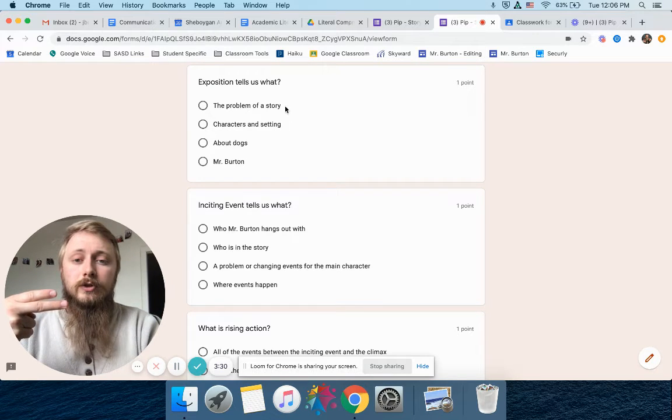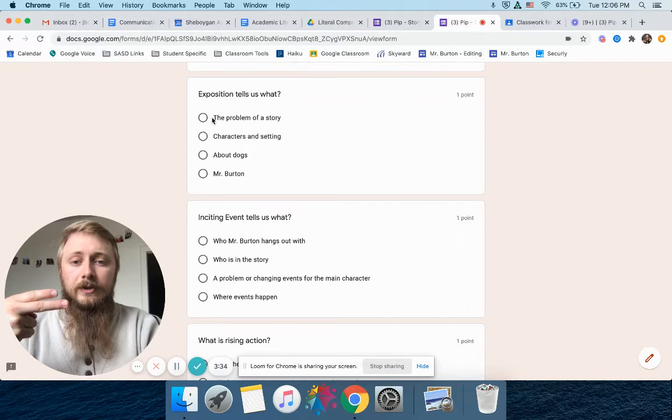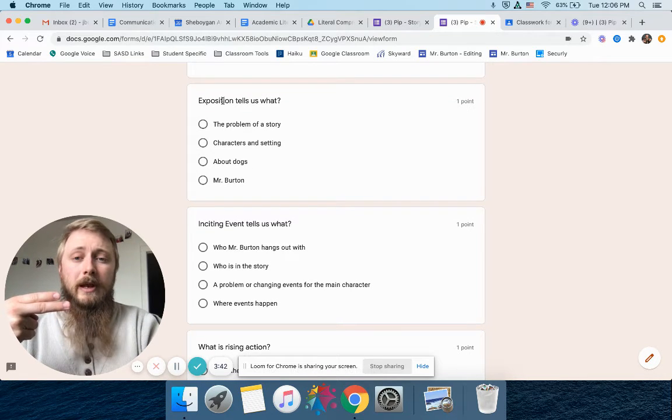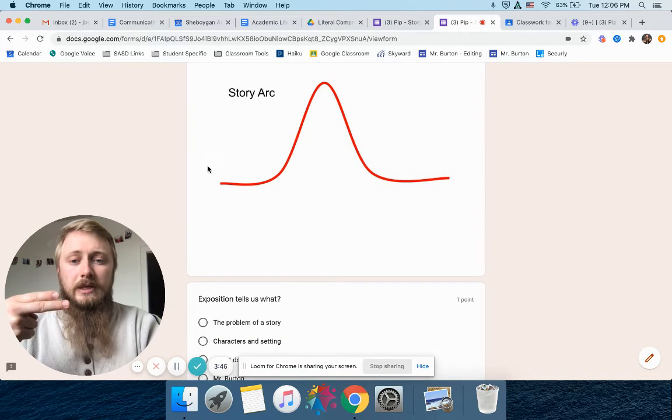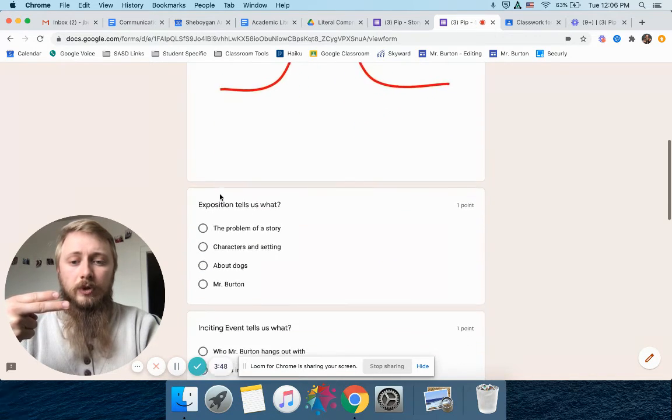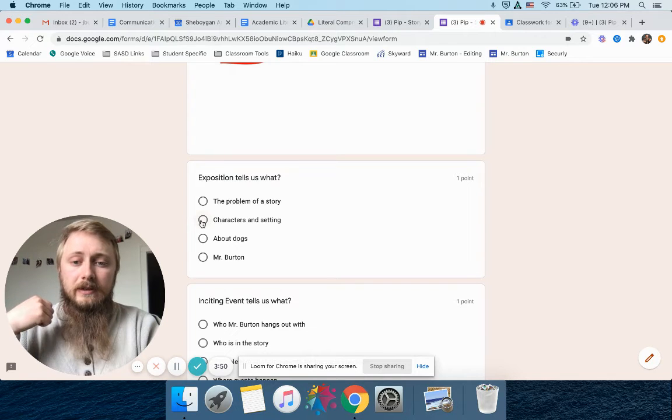Out of our first 2 options, exposition tells us the problem of a story, or exposition tells us characters and setting. Well, I remember that exposition is the first thing in our story. Exposition is at the beginning. Exposition will tell us characters and setting.